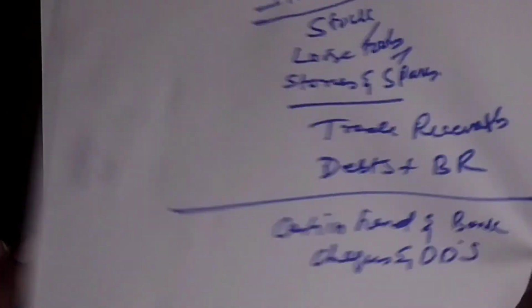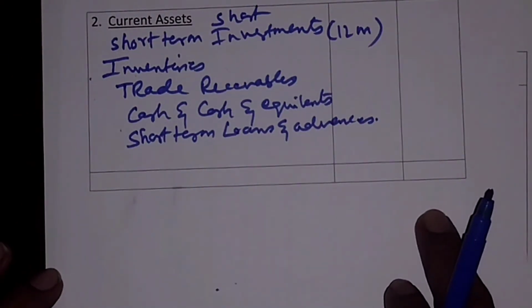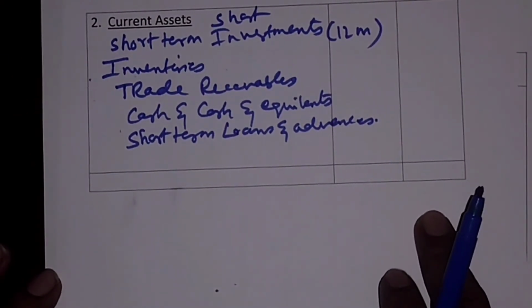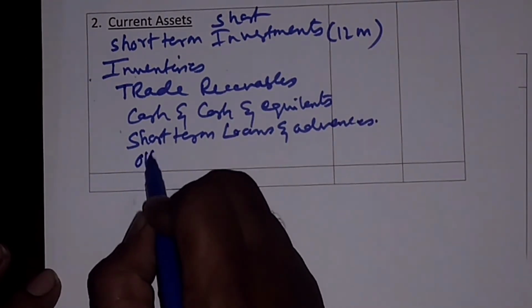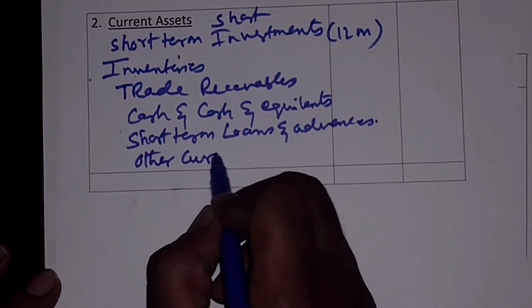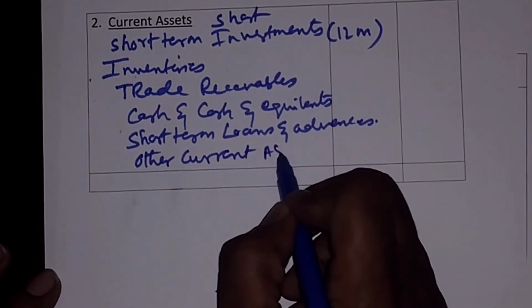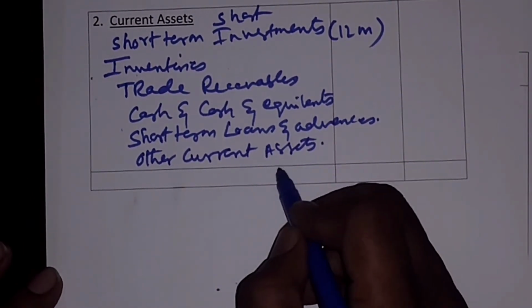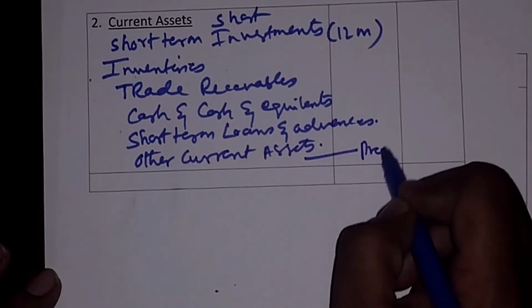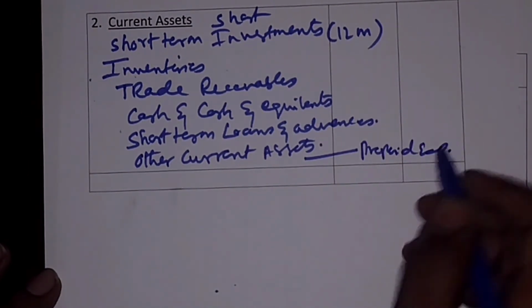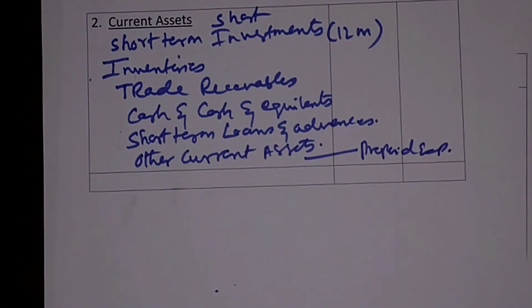Any loans and advances provided to the workers we call short term loans and advances. And the last one is other current assets, in which we record prepaid expenses. So these are the maximum entries which will regularly appear in the balance sheet. With these ideas, we will try to do some problems in other videos. Thank you very much for watching this video.